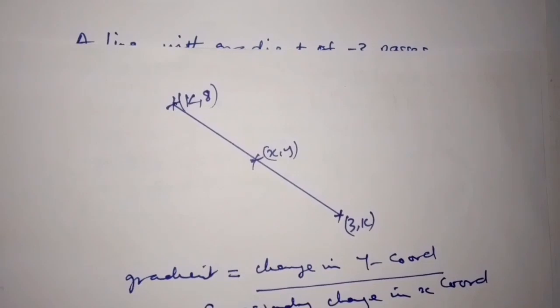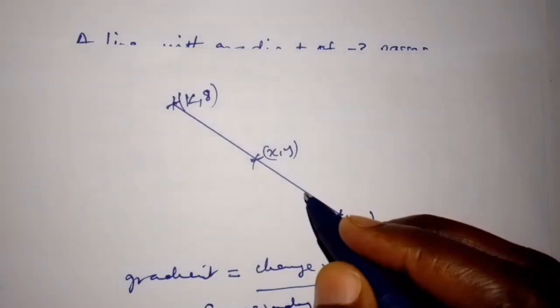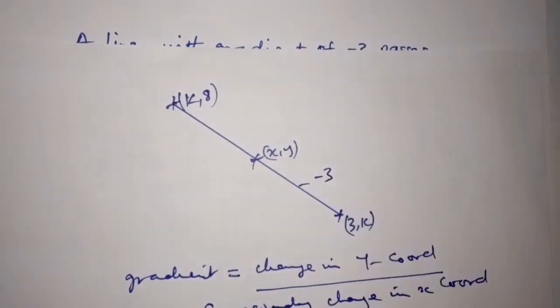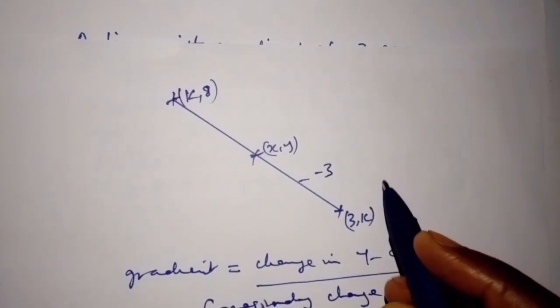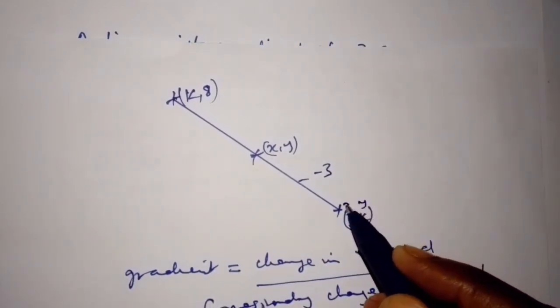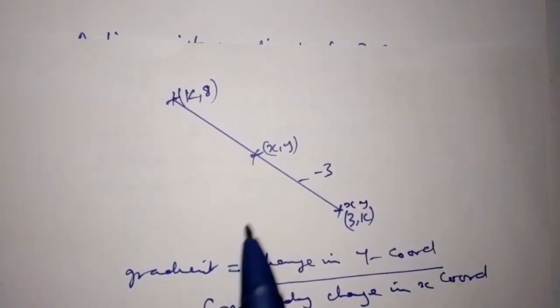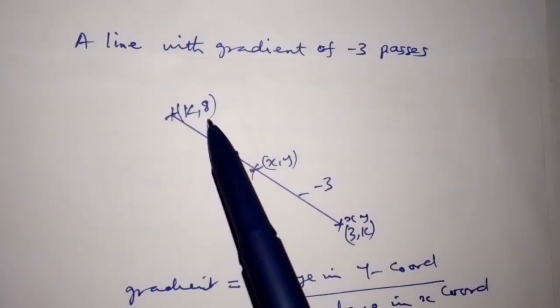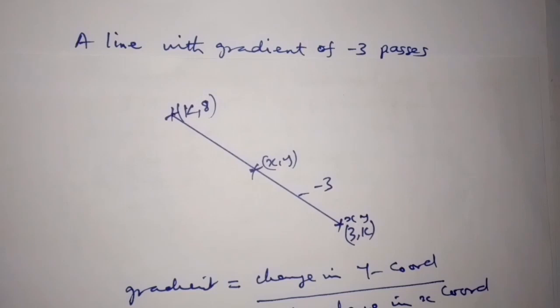So now we want to find k, and we can find k by finding the gradient of this line. We are given the gradient to be -3. So this is y, this is x, and this is also y, this is x.